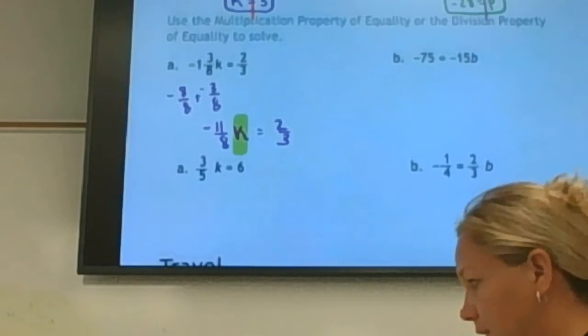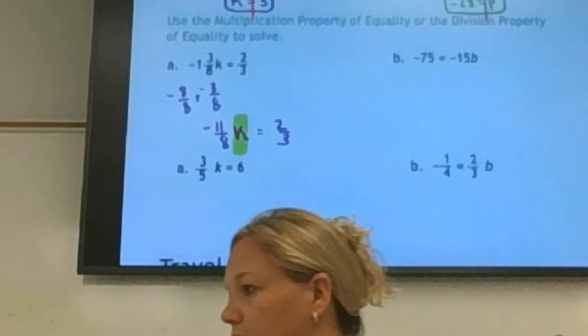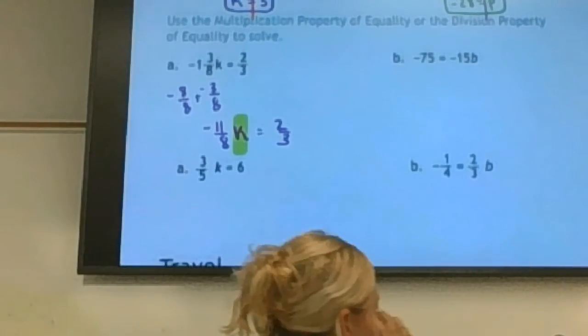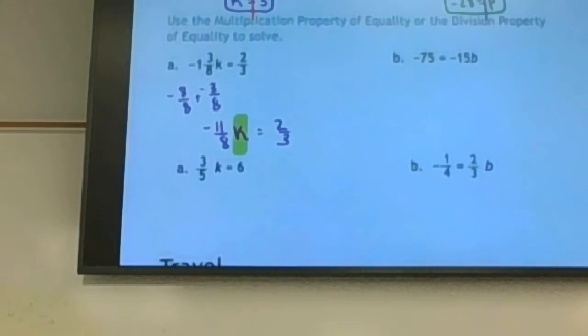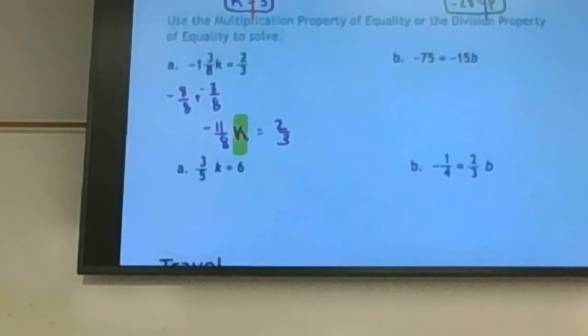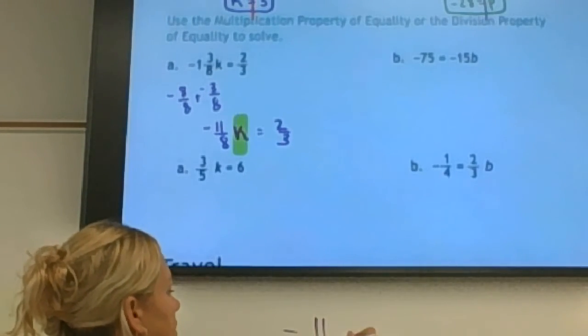So now I need to get this k alone. Just pretend the problem started like that. So what property will cancel out a fraction? Multiplicative inverse. We're going to use the multiplicative inverse here. I ran out of room. Hopefully you're good.